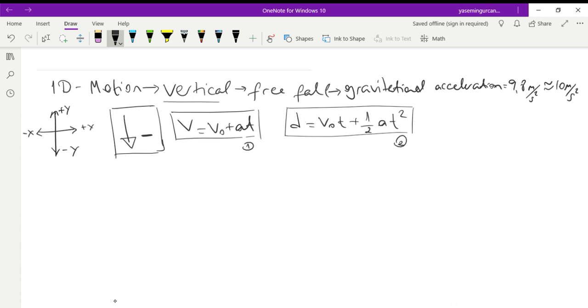There is this gravitational force between objects which have mass, which we know everything has, at least in our daily life. So everything is being pulled by the Earth towards its center. This gravitational acceleration creates this motion of constant acceleration toward down. So acceleration of gravity is always toward down, and it never changes direction.